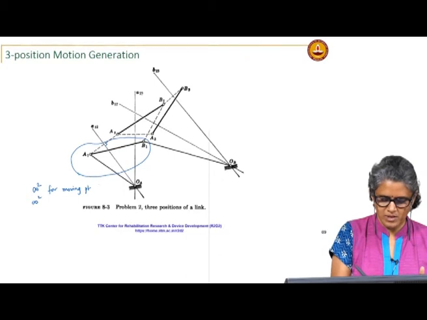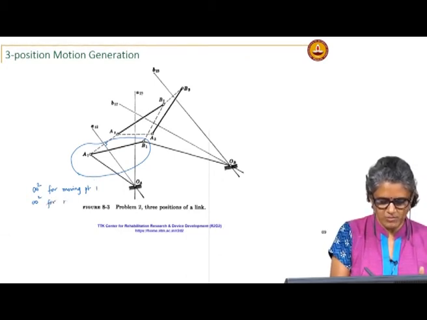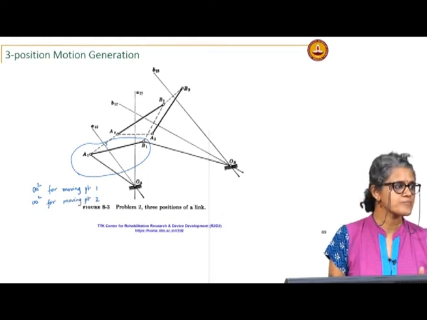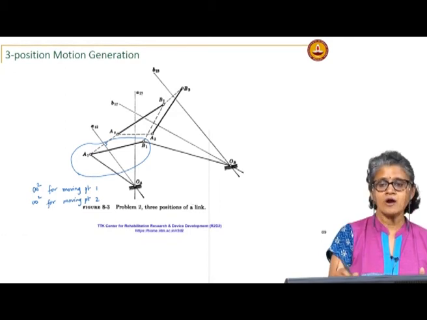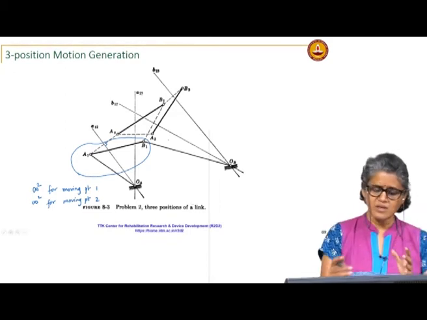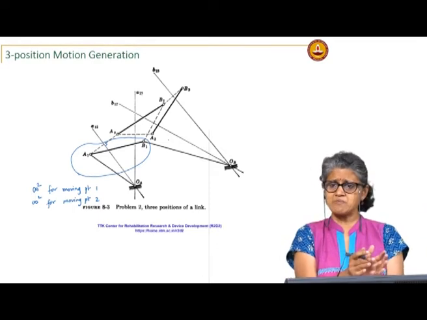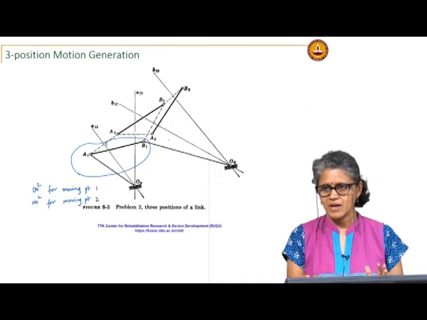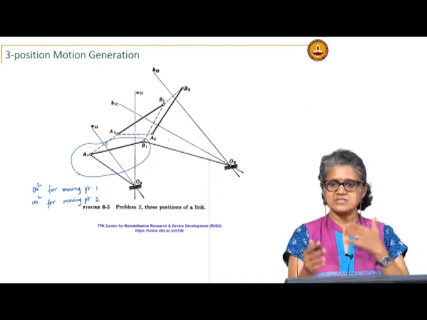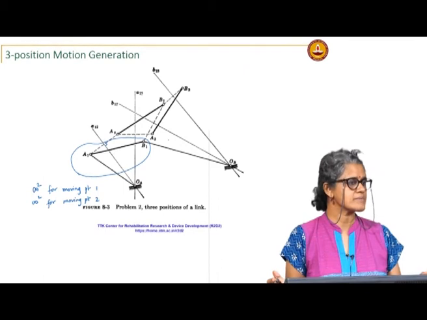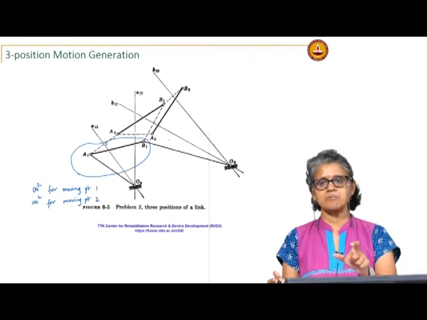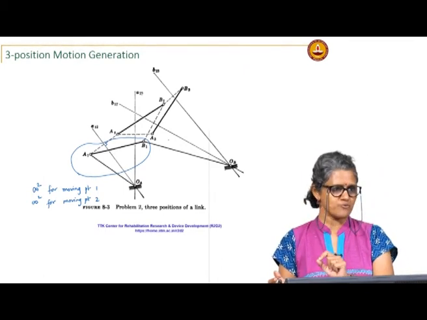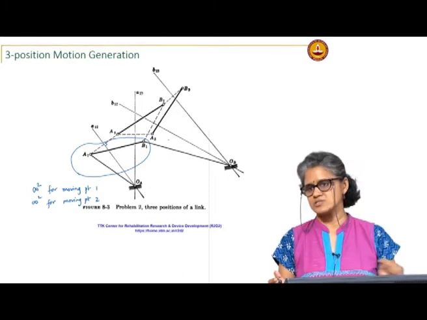Similarly, moving pivot 1 and infinity square for moving pivot 2. So, I need not pick A1 and B1. So, if picking A1 and B1 gives me a solution that I am not happy with, I do have options. That's the point I am trying to make here. If I choose A1 and B1 as my moving pivots, I only have one solution.